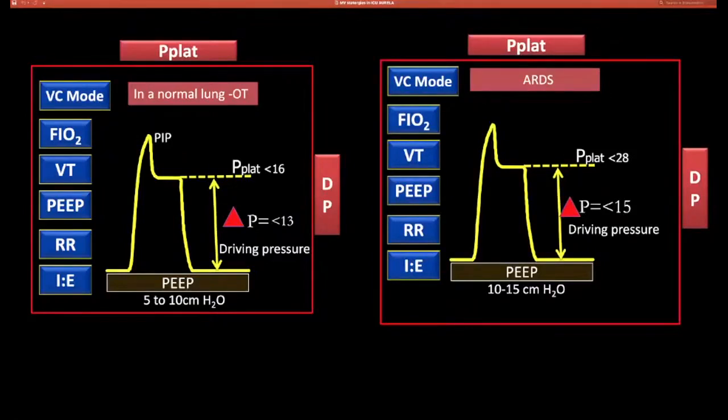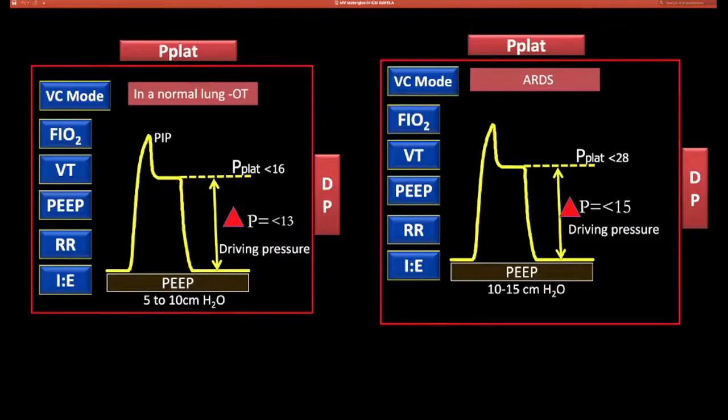So what I want you to understand is that once you do the setting, if the lung is normal, say when we are operating a patient with a normal cesarean, and the patient goes into PPH and massive transfusion, develops trolley, you may be starting with a P-flat of 16 and 13. Intraoperatively, you may have to move to 28 and 15 because the lung has deteriorated. But if somebody goes beyond this, the mortality will be very high.